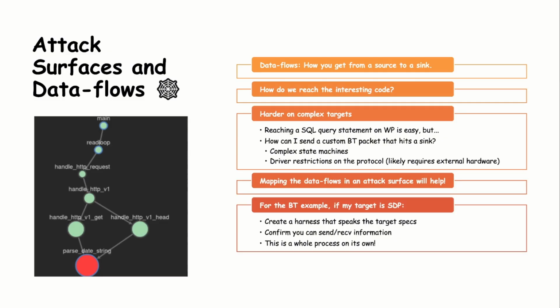So yeah, the example on here, how can I send a custom Bluetooth packet that hits a sink? Bluetooth is annoying. Bluetooth has a lot of different layers, right? From just reassembling packets all the way to the highest level object-oriented, like object exchange layers. And that can be really tough. For Bluetooth, you will need external hardware if you're trying to send custom packets and stuff like that.